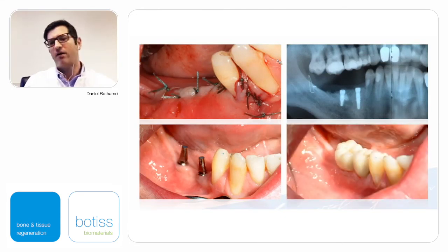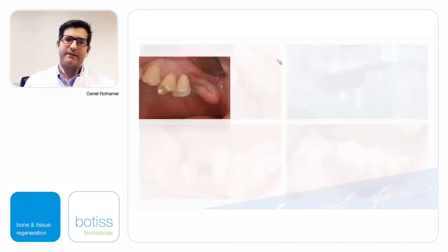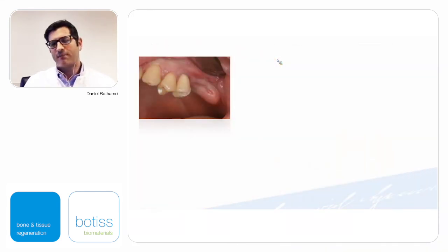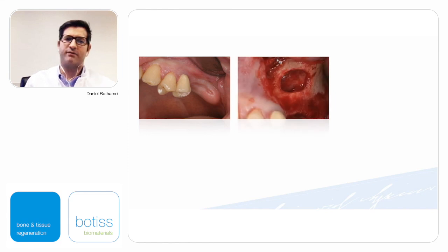So the idea of using a longer lasting membrane that is able to separate the soft tissue from the desired hard tissue much longer, leading to a more complete bone formation in the grafted area.